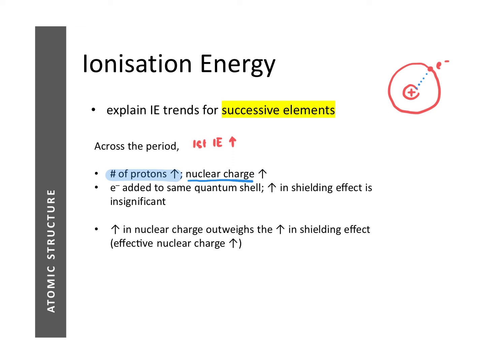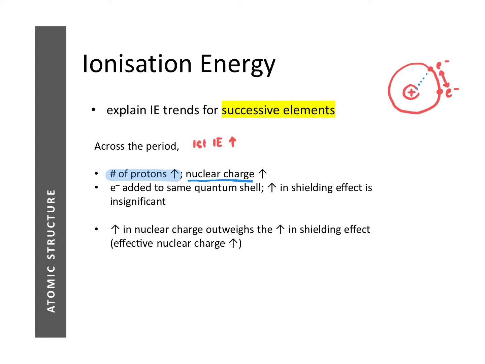Why is that so? Because when we move across the period, we have more protons, but we also have more electrons. And what happens when you have more electrons is that electrons actually repel each other. Like charges repel.